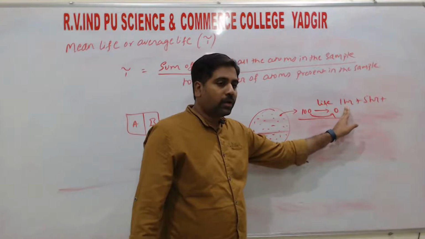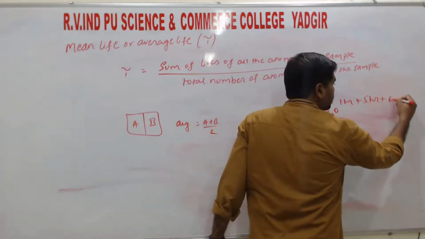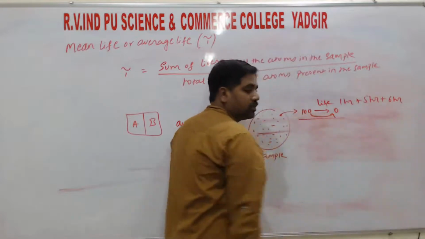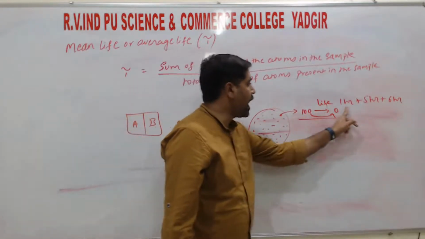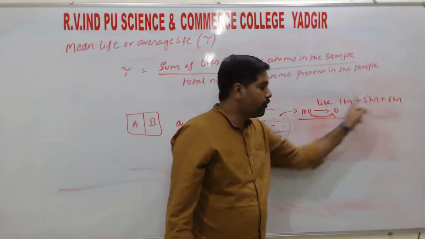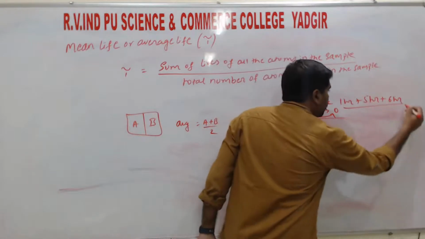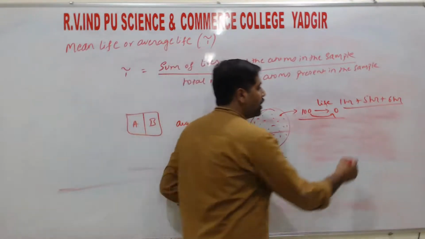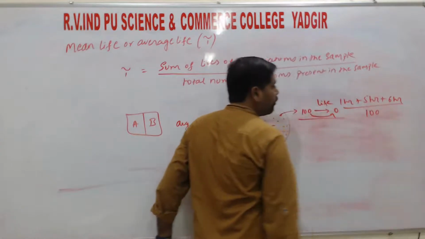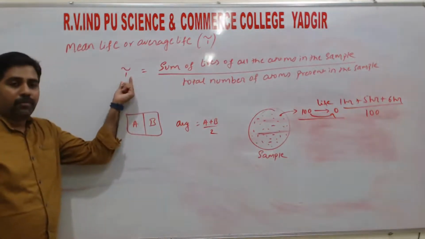So for one atom it may be 1 hour, 5 hours. Similarly if you take 6 hours, likewise for the complete number of atoms, we are adding all the lives of the atoms present in the sample and dividing by the total number of atoms, right? So here in this sample we have 100 atoms, so divided by 100. That we call mean life.